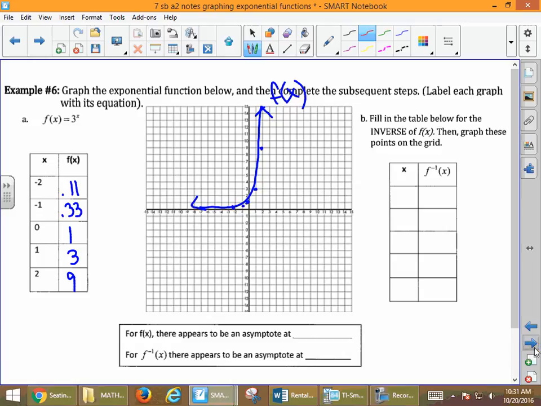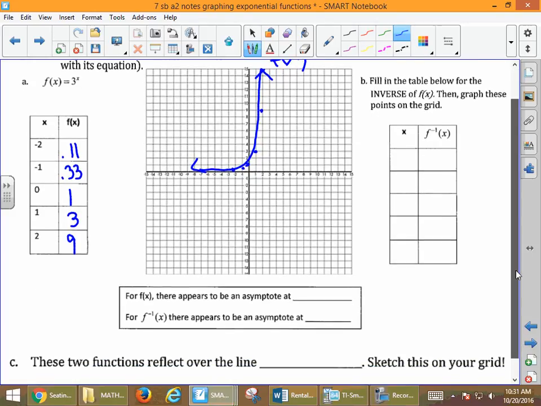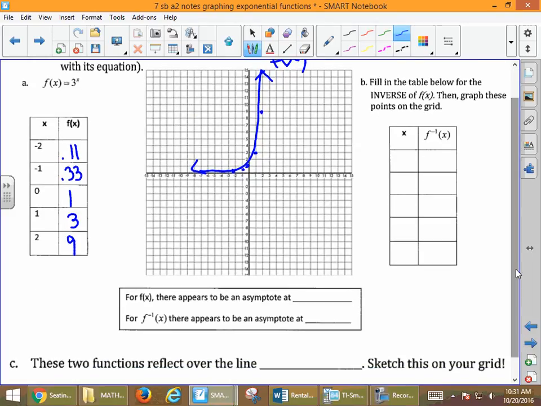Before we get too far along, for f of x, there appears to be an asymptote where? And that's the confusing part. Is it x equals 0 or is it y equals 0? Y equals 0.